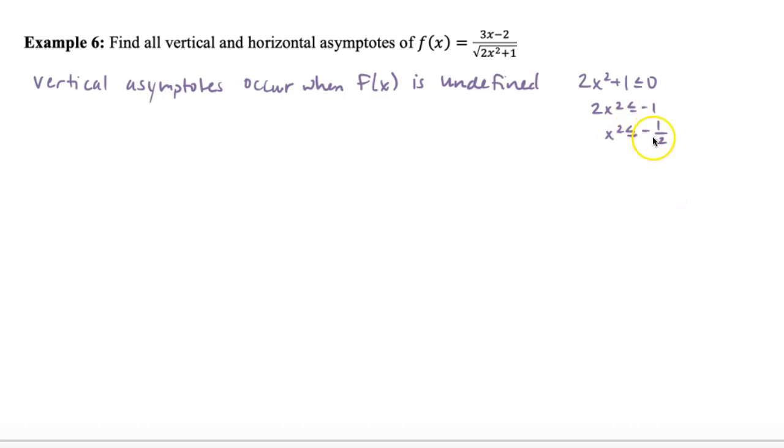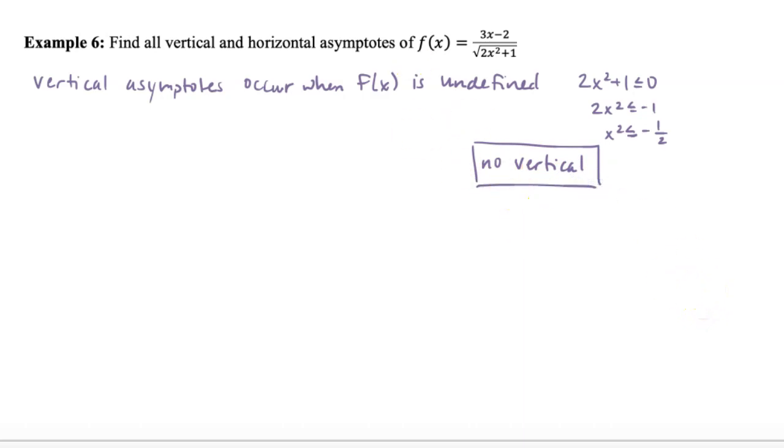Where is x squared less than or equal to negative 1/2? Well, when I solve for x and I take the square root of a negative, this is going to give me an imaginary number as well. So in other words, since there are no x values that will make this function undefined, there are no vertical asymptotes.